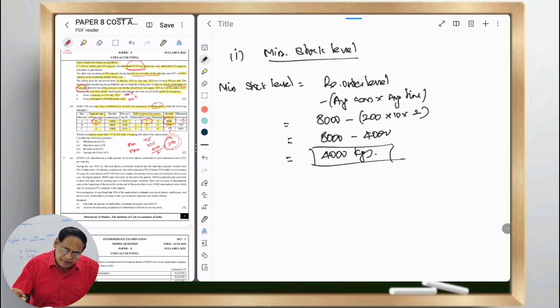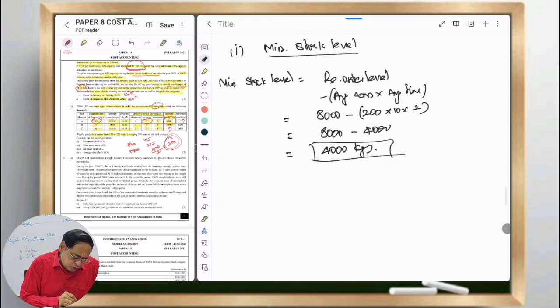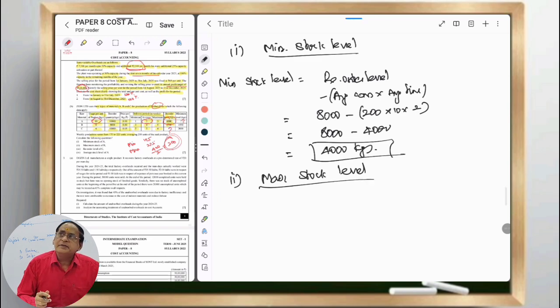The next one is maximum stock level. For the maximum stock level, the formula is reorder level plus reorder quantity minus minimum consumption.